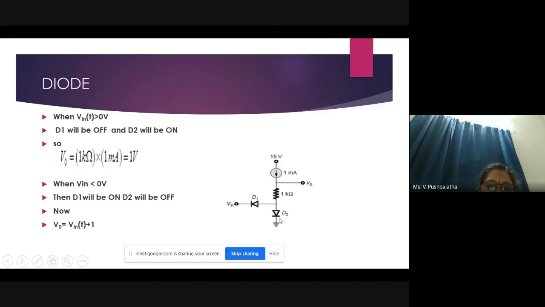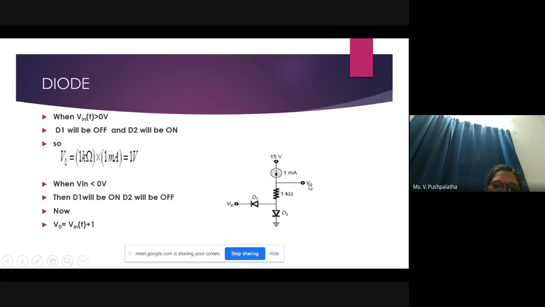So when D2 is off, what will happen? D2 off means the path exists from here to here only, because D2 is off, meaning it is open circuited at this place. So the path exists only from V in through the 1 kilo ohm and to this place.